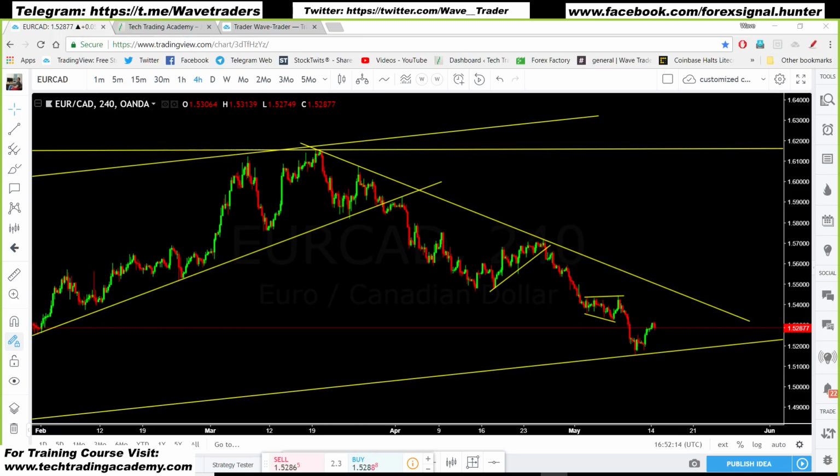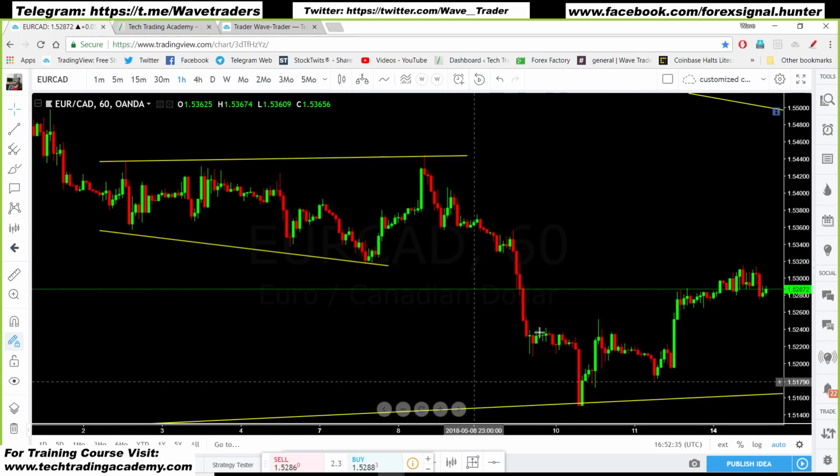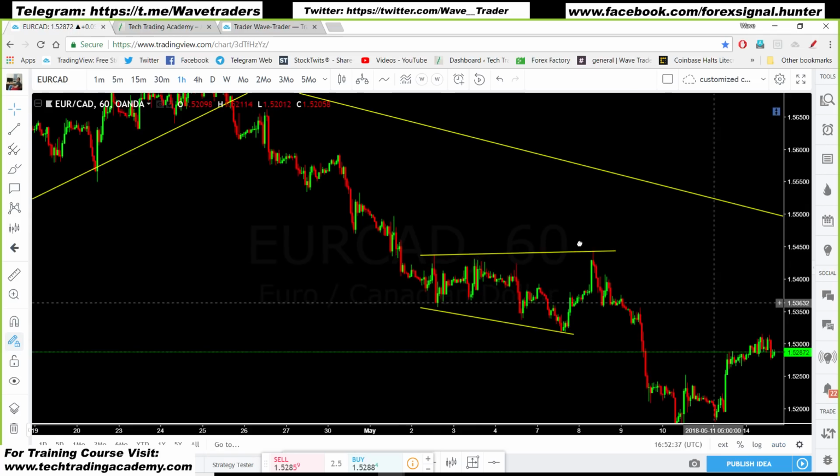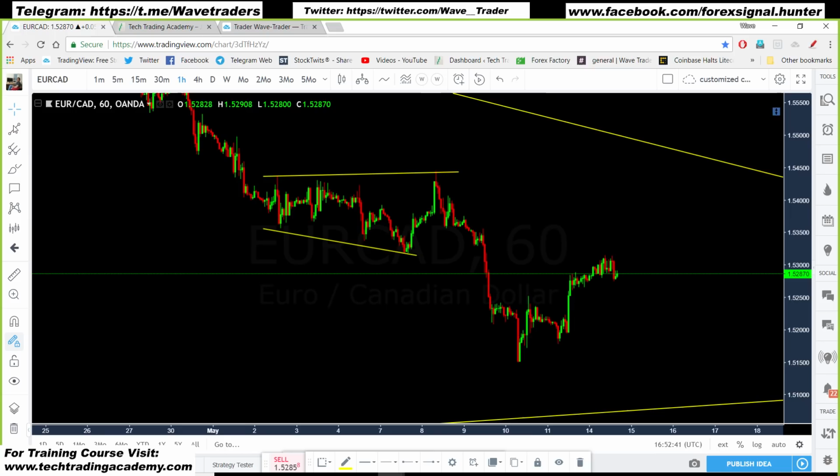What you guys need to look for currently: the flag, go for that trade, short term buy that flag, and more drop. If you're not going to see that wave, then let me show you this time frame.